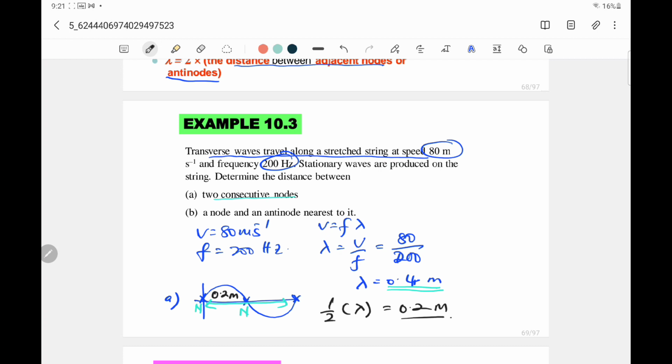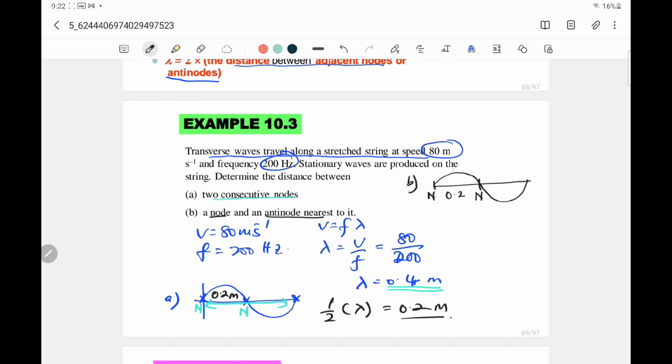Alright, so next we have to find the distance between a node and the antinode nearest to it. Again the wave is like this. This one is 0.2. This one is a node and this one is also a node.